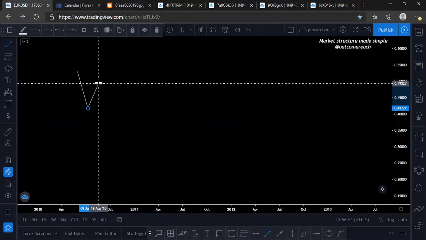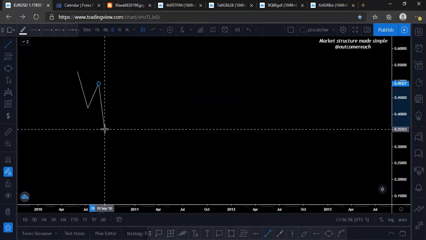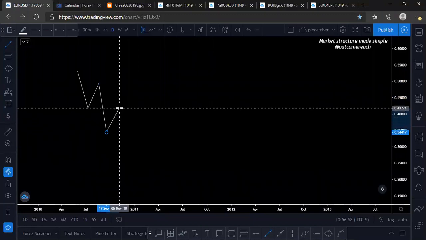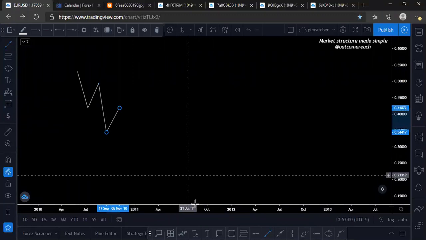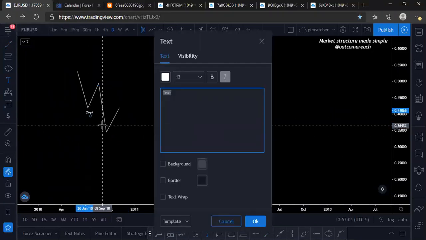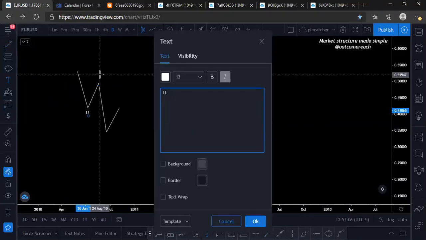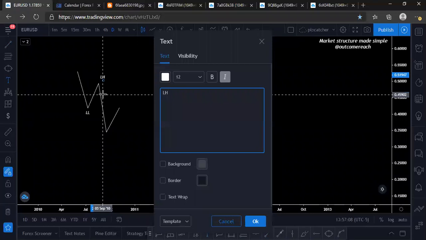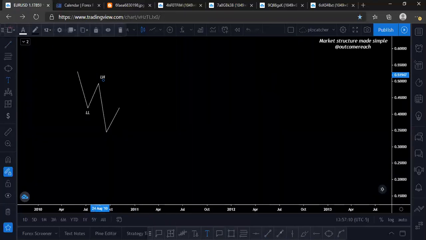Structure will test structure. So if we have a downtrend going like this, then we should see lower lows and lower highs as such.